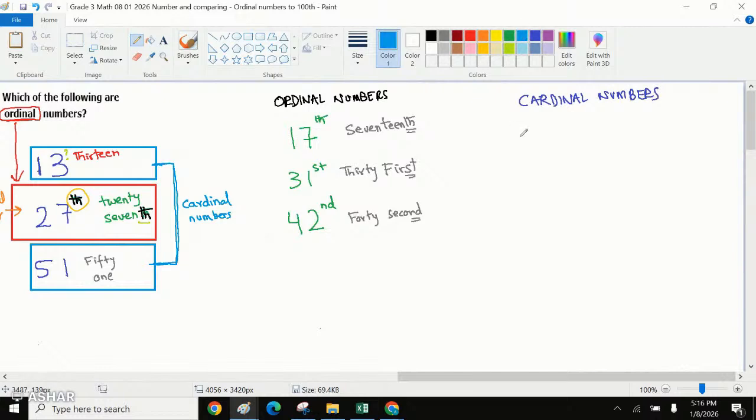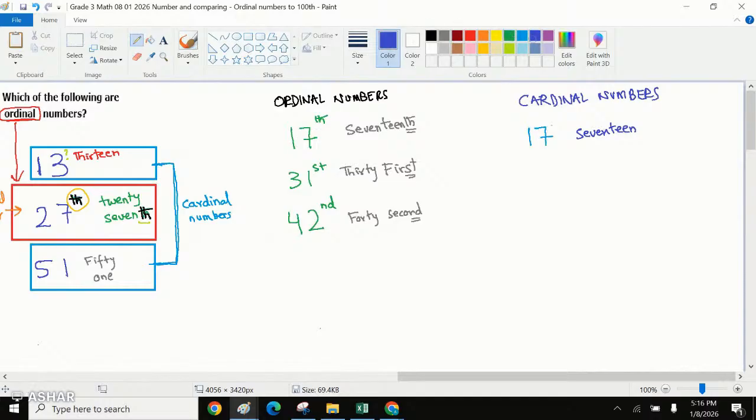In case of cardinal, if only 17 is written without anything over here at the top, there's nothing at the top. No th. It's missing that. So now we will say this is 17. No th, so this is a cardinal number.